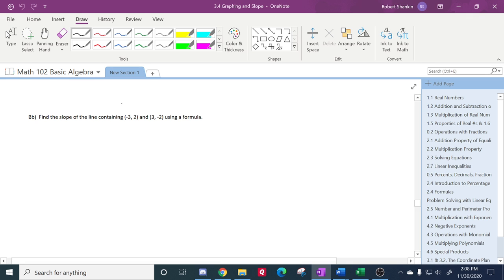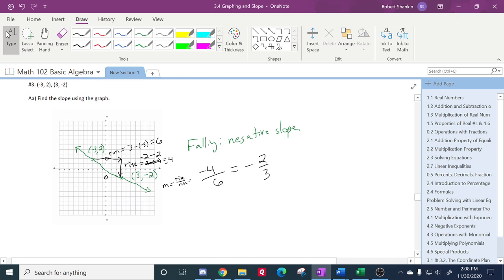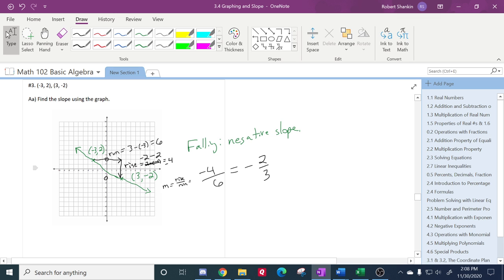So this we call x1, y1, x2, y2, m equals y2 minus y1 over x2 minus x1. So the difference in the y coordinates over the difference in the x coordinates. Now notice these are the same things I was doing up here. -2 minus 2, 3 minus -3.